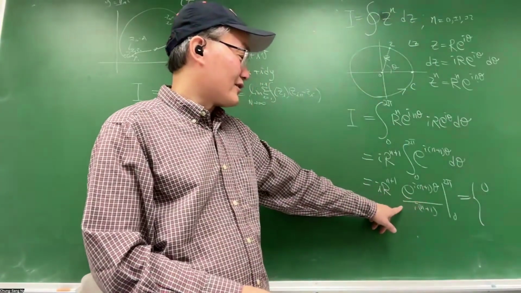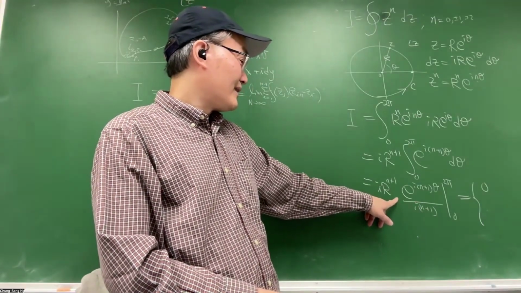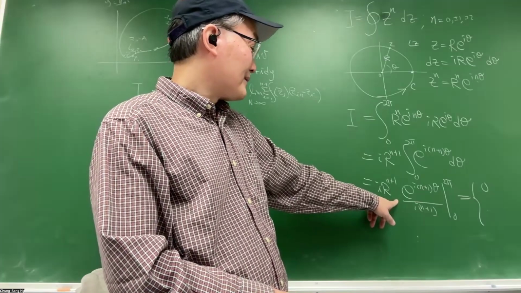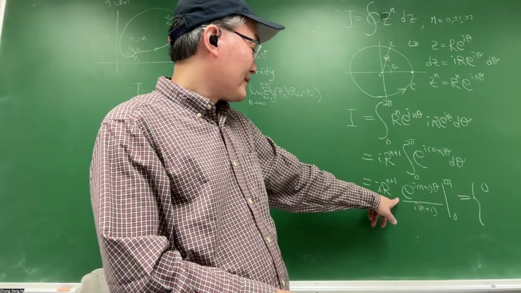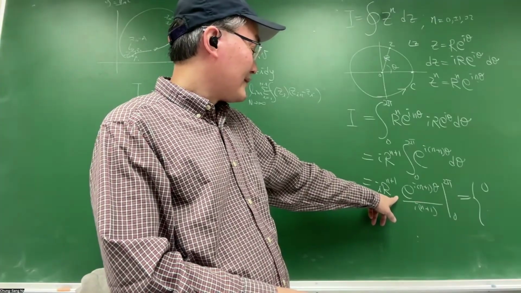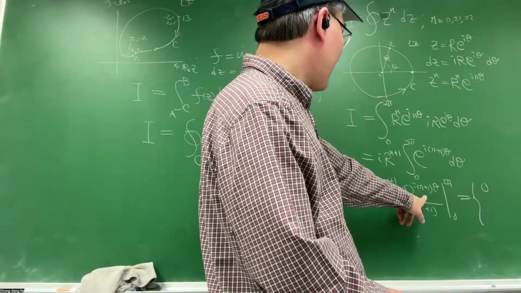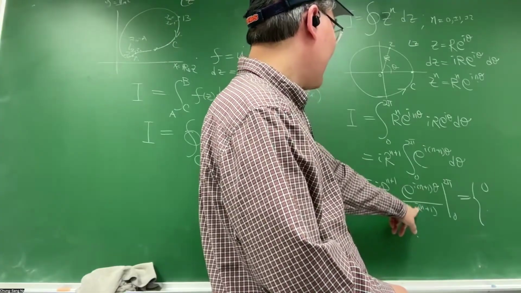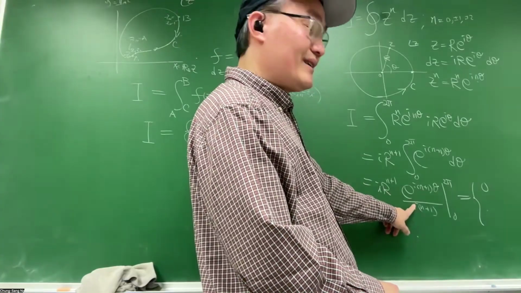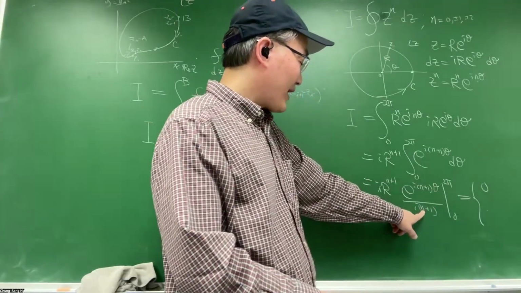But is there a case that it's not 0? When n is negative, and what is n? Oh, n plus 1 is 0, so it will be 1. Right, is 1 minus. I'm asking n equals minus 1.